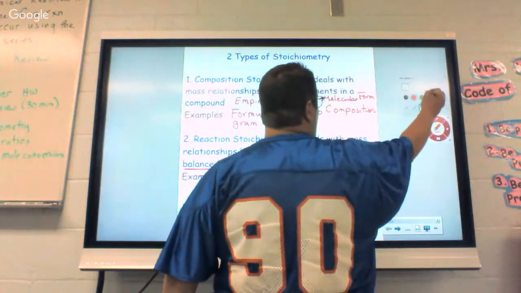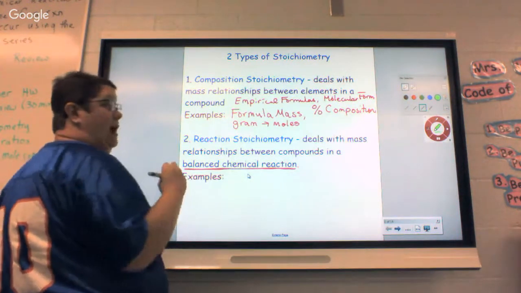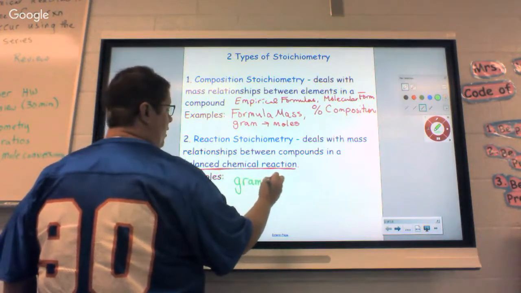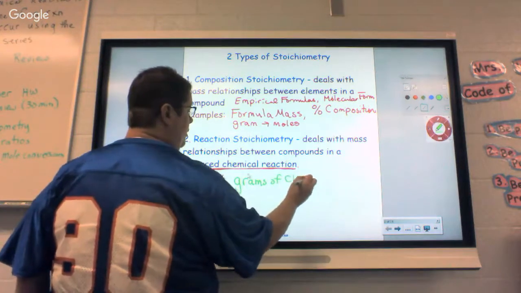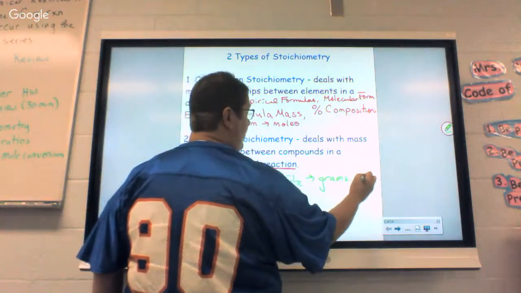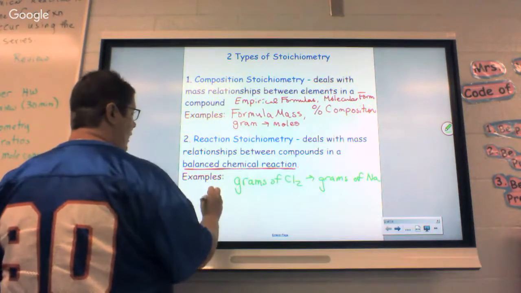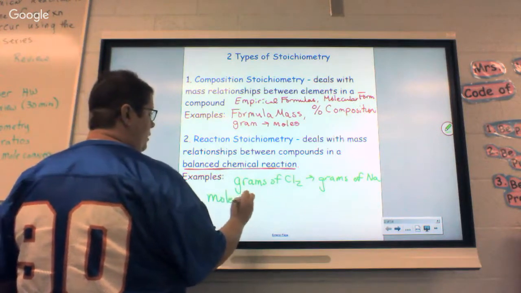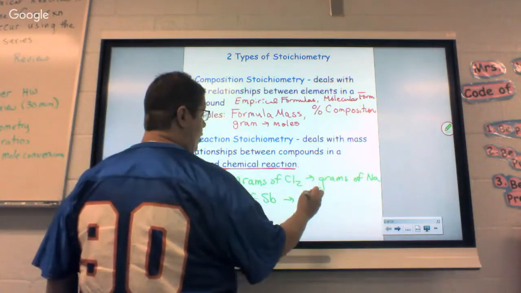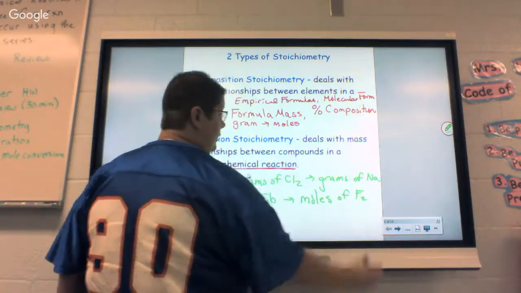All right, so reaction stoichiometry is going to talk about, for example, how to change grams of chlorine to grams of Na. Or maybe like today, we're going to have moles of Sb, and we're going to change it into moles of F2.